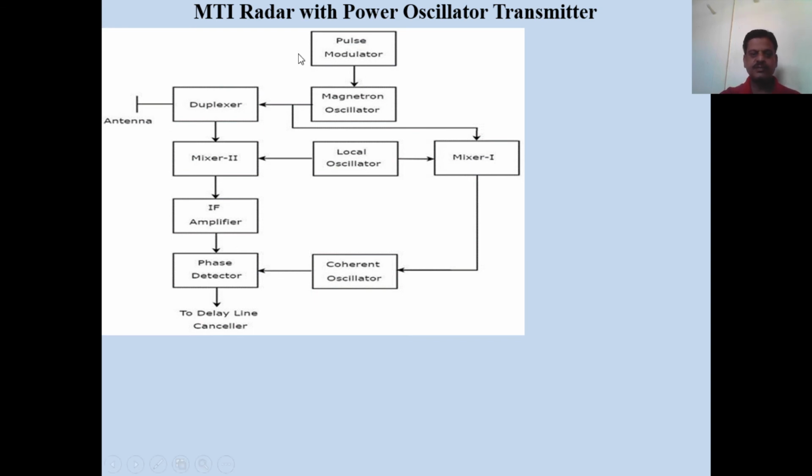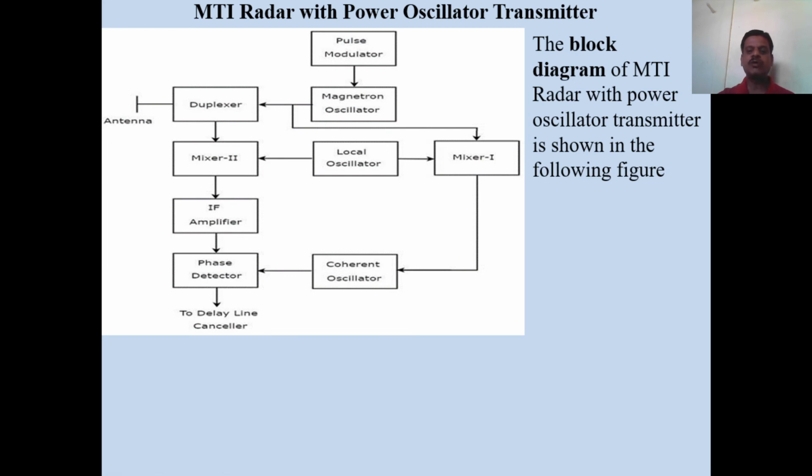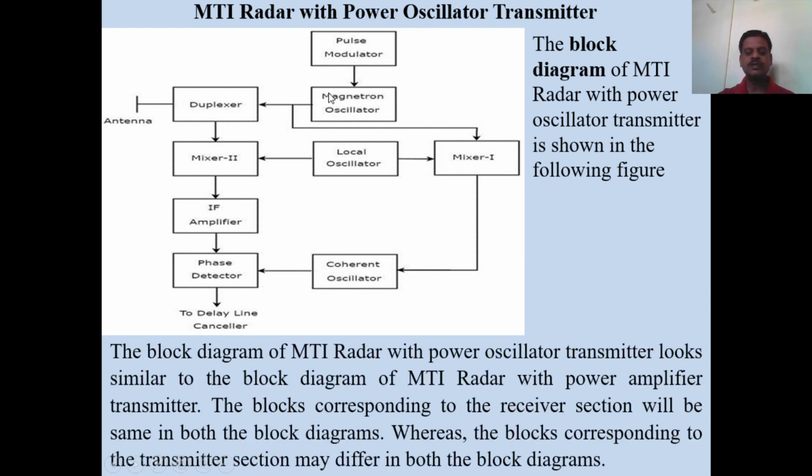In this case, in the transmitter section, instead of using the power amplifier, we are using an oscillator, the magnetron oscillator, and the working of both radars is the same.